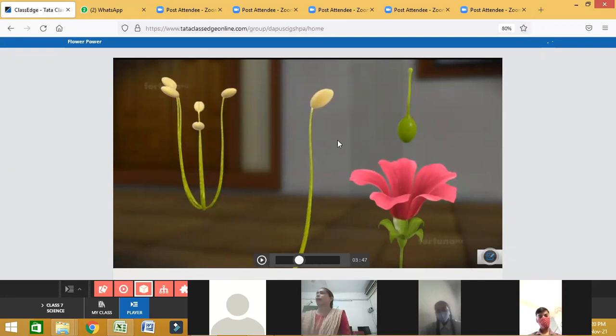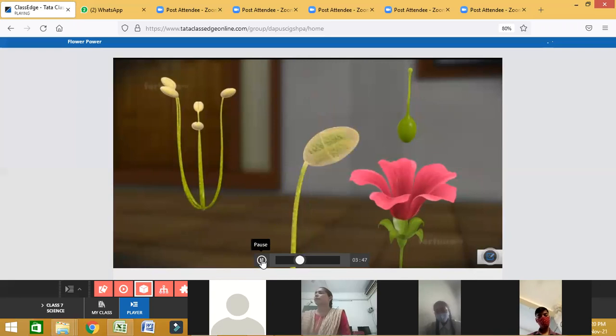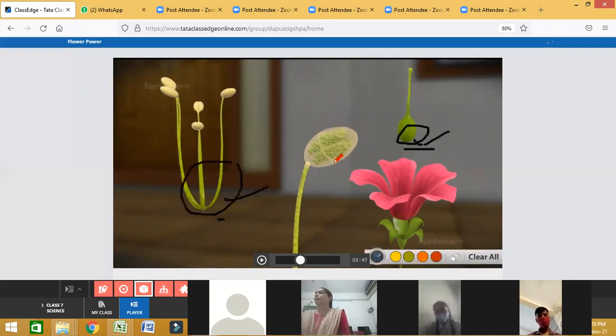See this? This is the anther. And see what is inside the anther. Watch this video carefully. These anthers contain pollen. See, the pollen grains are there.